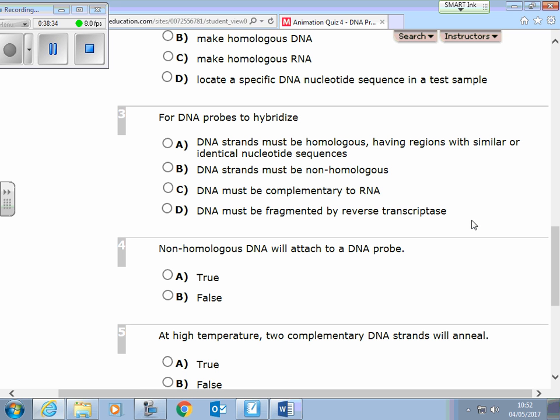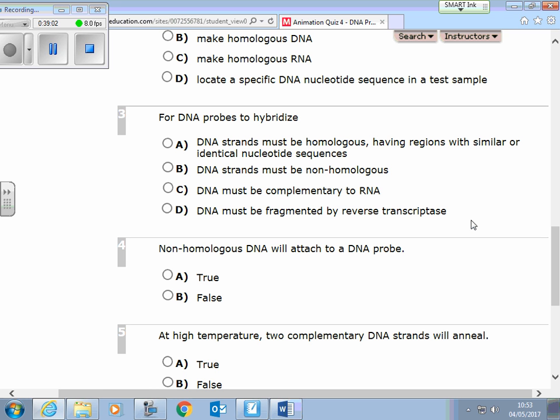A, the DNA strands must be homologous, so they've got to bind to each other with complementary base sequences. That's interesting, actually, because that's slightly misleading. I can see why you wouldn't have gone for it, because having regions with similar or identical nucleotide sequences, they're actually complementary, aren't they?